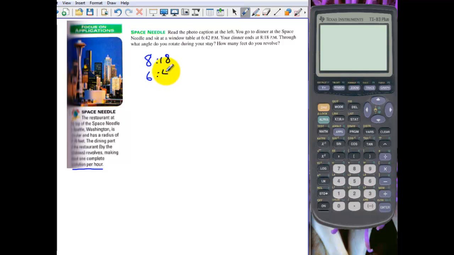We make this 7 and 78 minutes, so we've got 36 minutes, and 1 hour and 36 minutes is how long we stayed at dinner. Or if we make that a decimal of hours, we convert our 36 divided by 60, and then add 1 to that, so that's 1.6 hours.